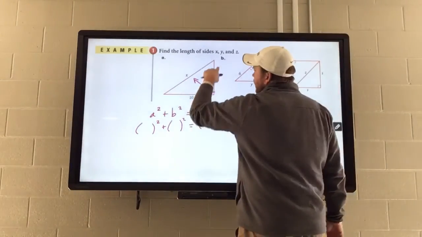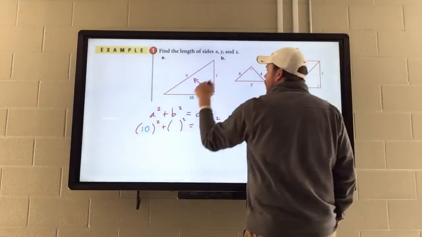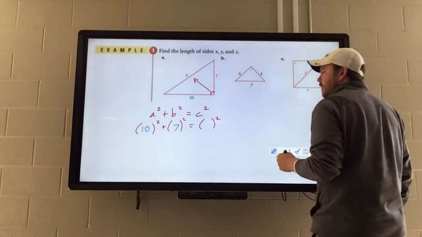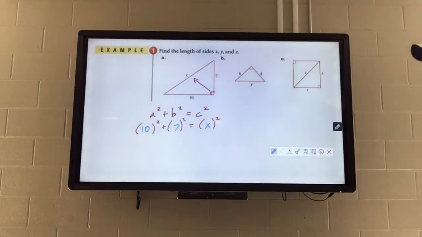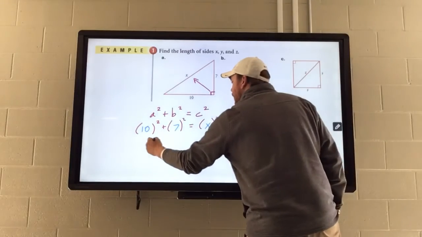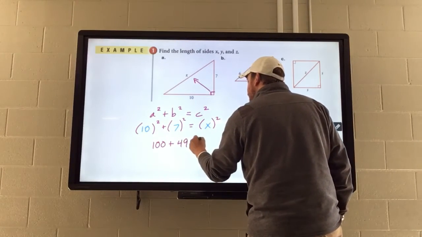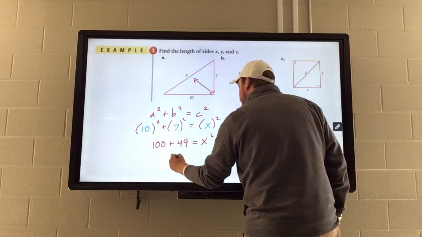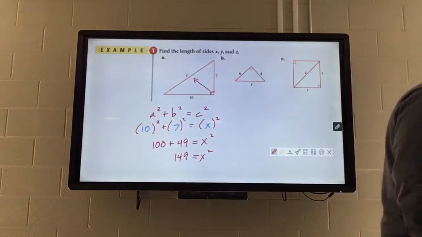One of the legs, it really doesn't matter which one, we'll call A, 10. The other leg will be B, 7. And then the last one will be X, which is our unknown. So, 10 squared is 100, plus 7 squared is 49, is equal to X squared. So 149 is equal to X squared.